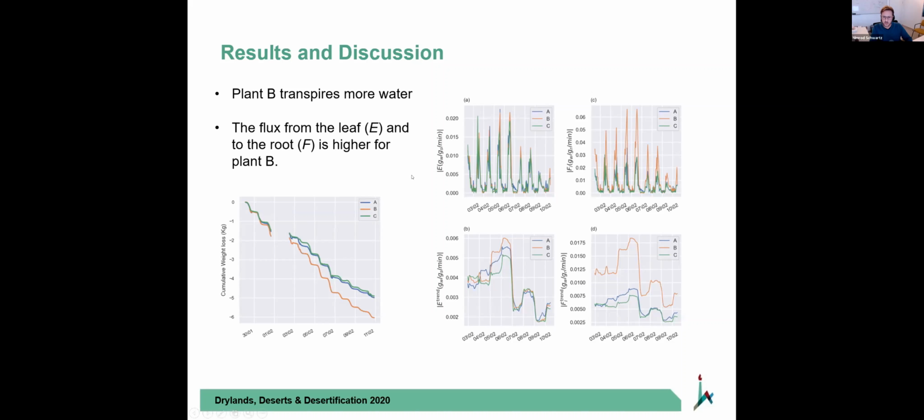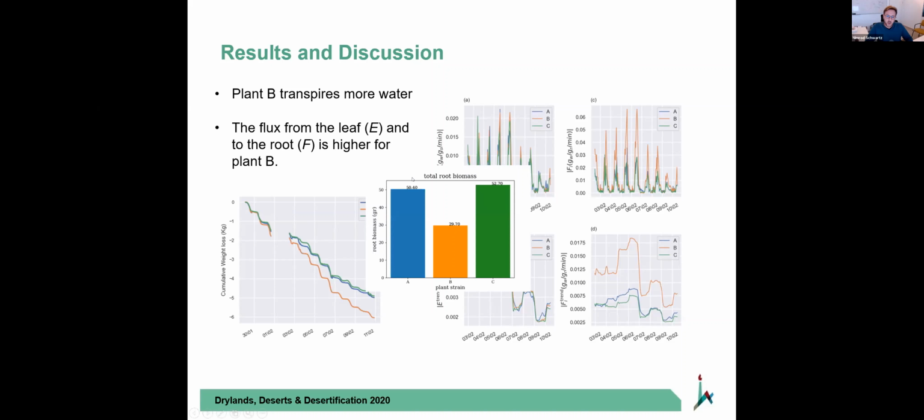And this is interesting, I think, mostly because the amount of root for plant B is the lowest. So in this case, the plant with the lowest amount of root transpires more water, and the flux through this plant is higher.